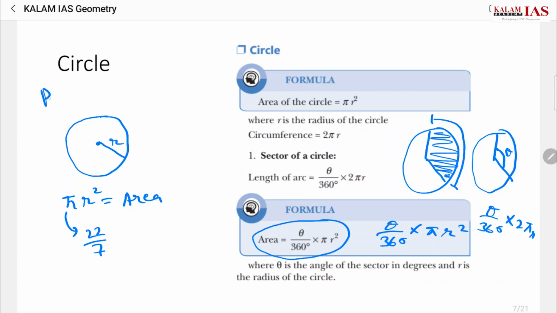The perimeter of a circle is given by 2 pi r. I hope this is clear.